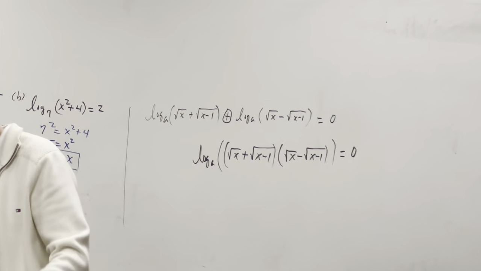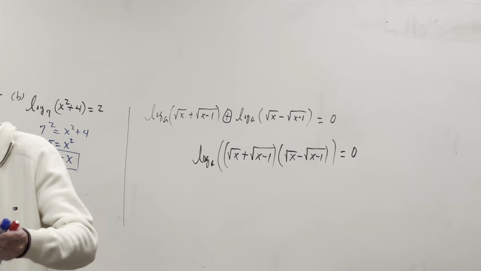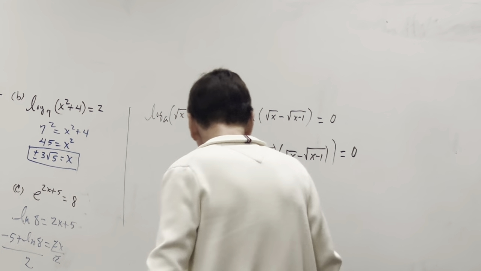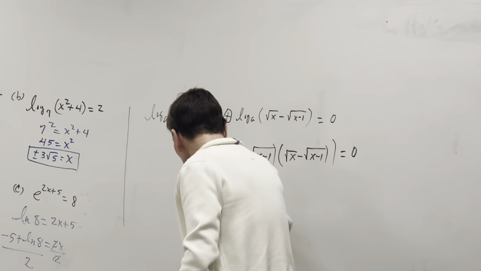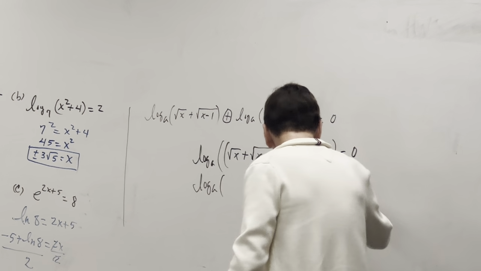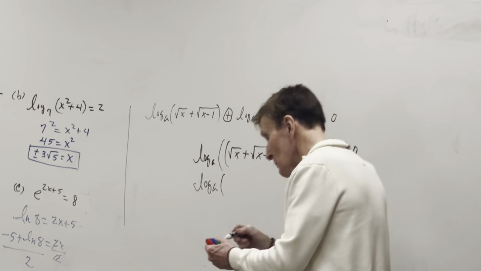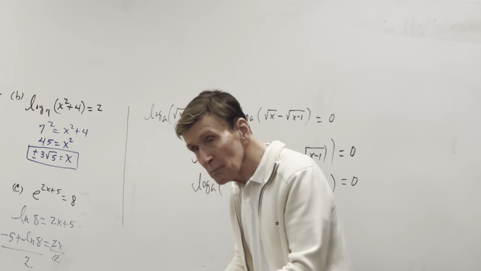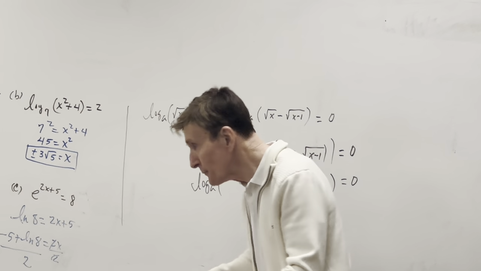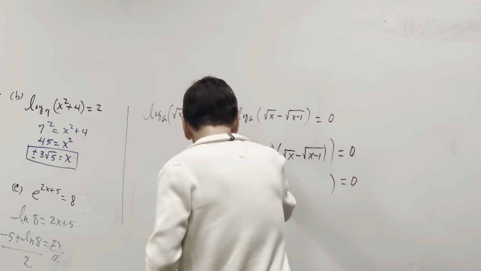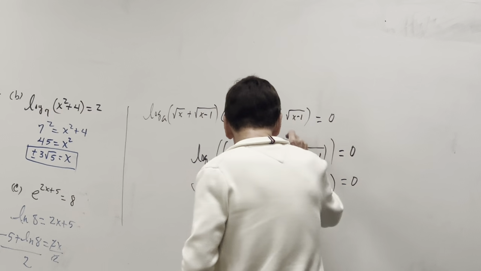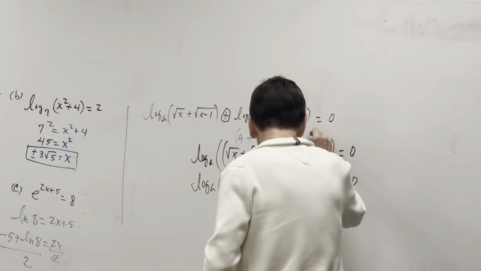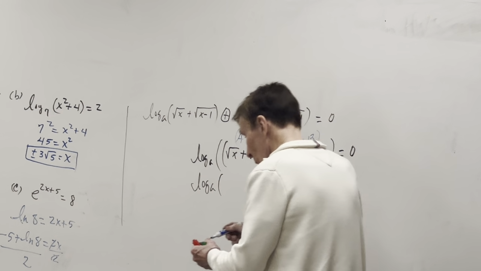Exactly. I'm using the product property, just put it backwards. Now what I'm going to do is write this as log base A. If you should multiply that out, this to me looks like an A plus B type times an A minus B, if you want to do it quickly and find the product.